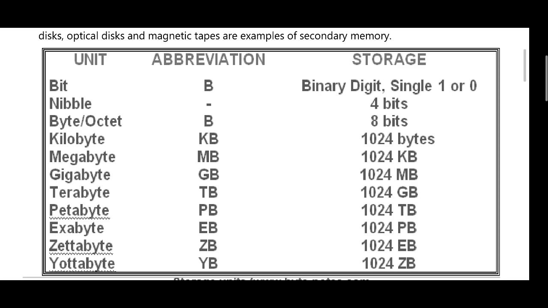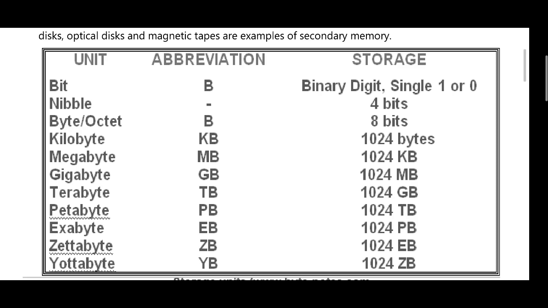Now we are using up to TB. 1 TB is equal to 1024 GB. 1 GB is equal to 1024 MB. 1 MB is equal to 1024 KB. 1 KB is equal to 1024 bytes. 1 byte is equal to 2 nibbles. 1 nibble is equal to 4 bits.